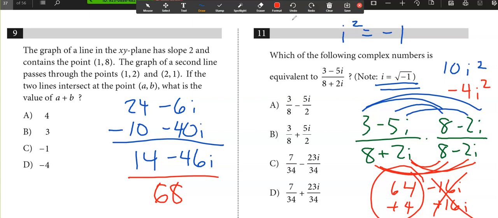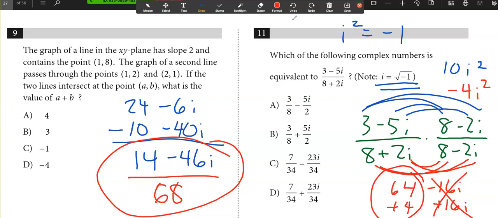So what did they do to get one of those answer choices? They got rid of the i's on the bottom. Every choice, A, B, C, or D, has the i's gone from the bottom. So which one of those answer choices matches this?